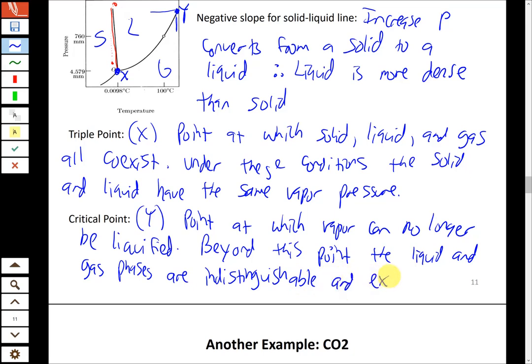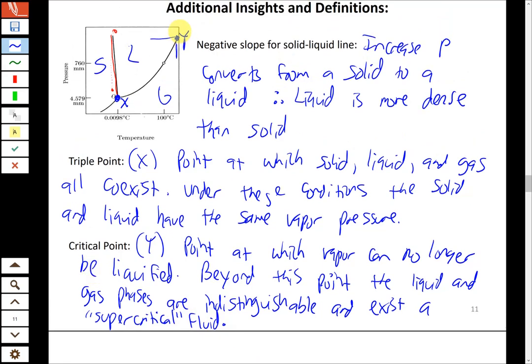And they exist as what's called a supercritical fluid. All right, so supercritical fluid is what it's going to be called once you've gotten beyond the critical point. You don't have separate liquid and gas phases anymore. You just have a single phase that's in some level indistinguishable between the two.